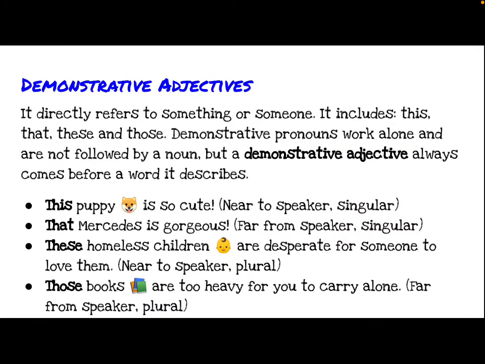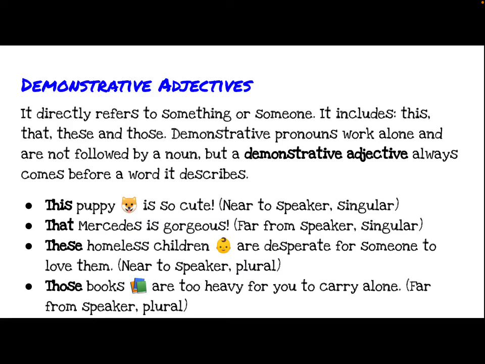The next form of adjectives is demonstrative adjectives. It directly refers to something or someone. The demonstrative adjectives include this, that, these, and those. Demonstrative pronouns work alone and are not followed by a noun, but a demonstrative adjective always comes before the noun that it describes.